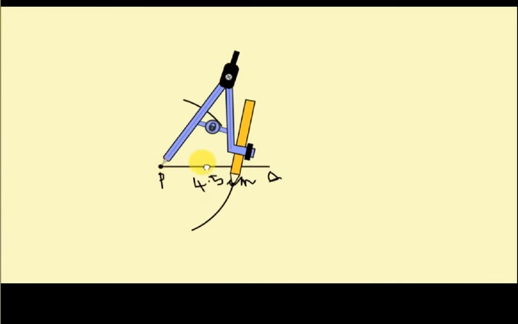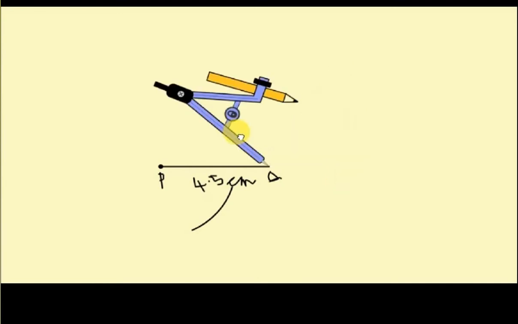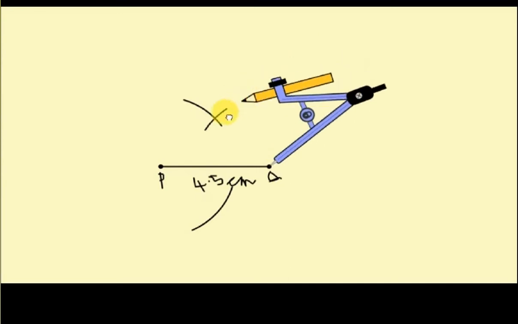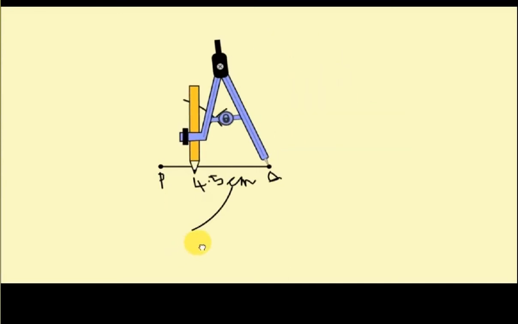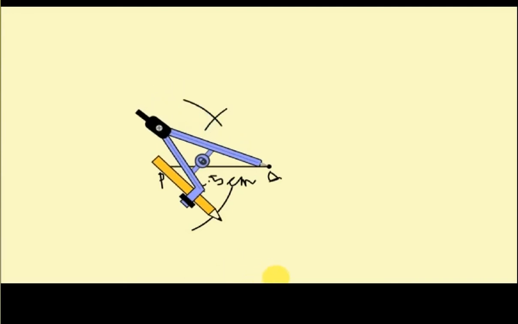Now, without changing the compass, we place the compass on point Q. With the same value we cut the top arc, and the bottom arc also.